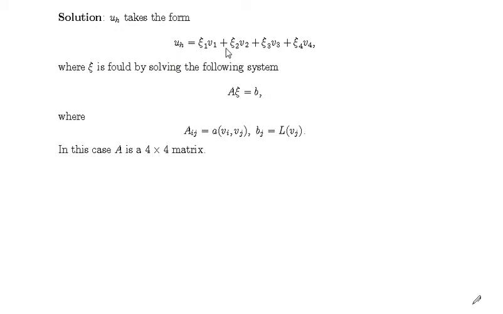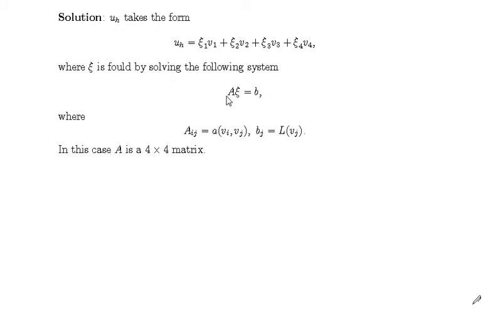In this case, we only need 4 vectors to describe any general solution, and the general solution is UH equal to xi1 v1 plus and so on up to xi4 multiplied with v4, where xi1, xi2, xi3, xi4 are real numbers, and these are the basis functions associated with the 4 nodes.